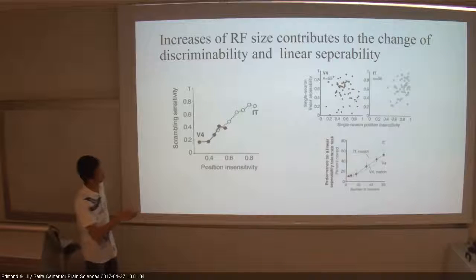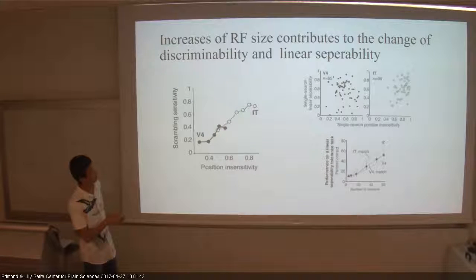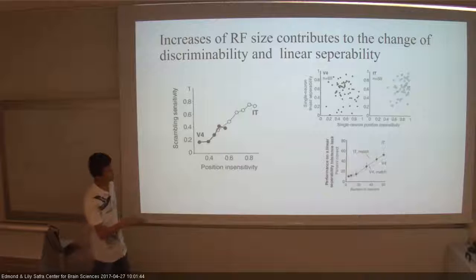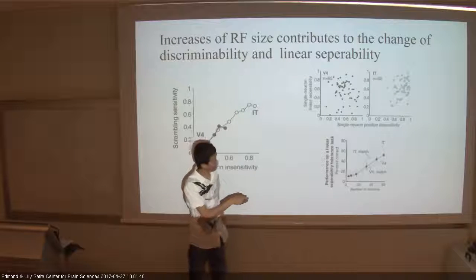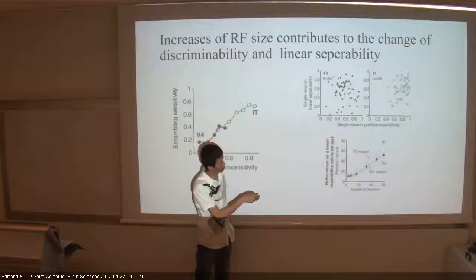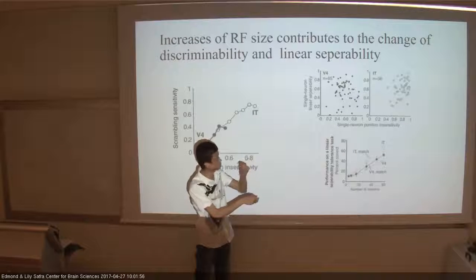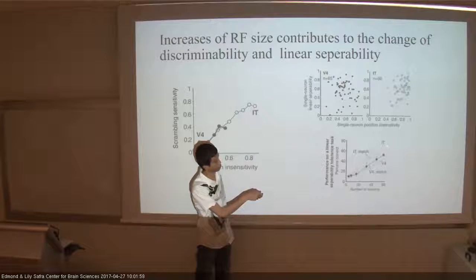And for the tolerance part, although we couldn't see the relationship between receptive field size and linear separability directly, we can see that after they matched the receptive field size between the IT neurons and the V4 neurons, they just selected some neurons and did the population training again.